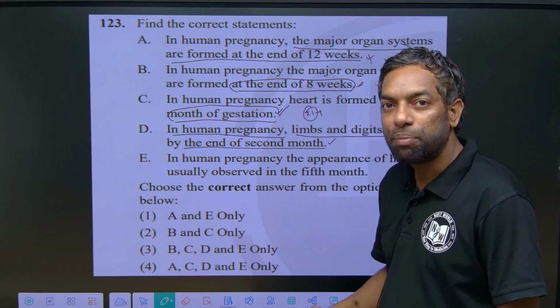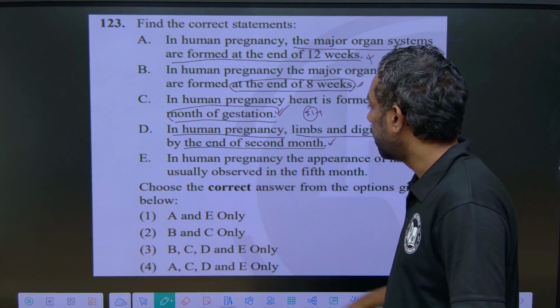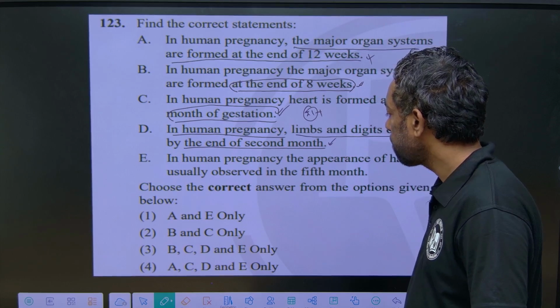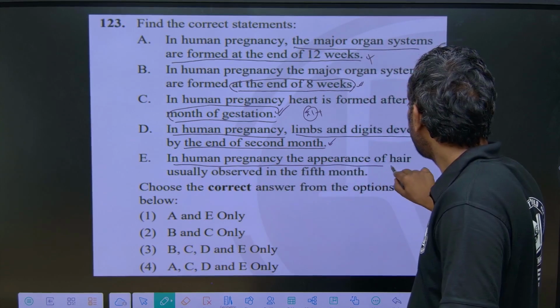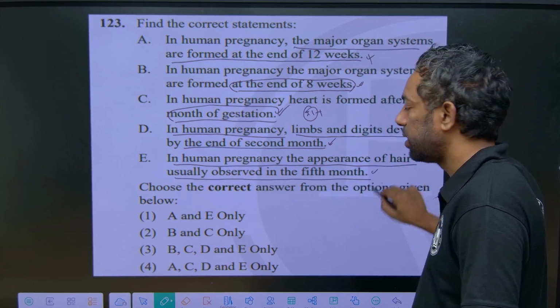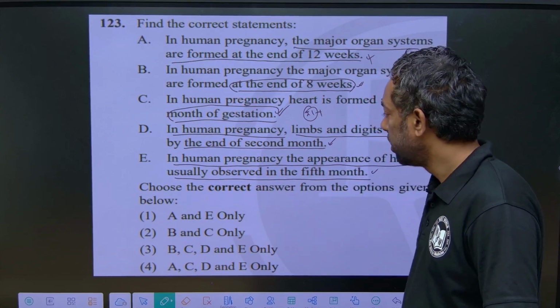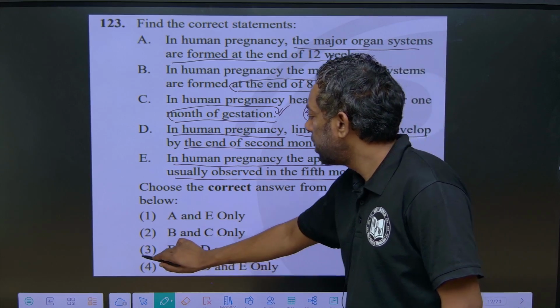Completely the period they asked. This is also correct, guys. In human pregnancy, the appearance of hair is usually observed in the 5th month. Obviously this is also correct. The answer is third.